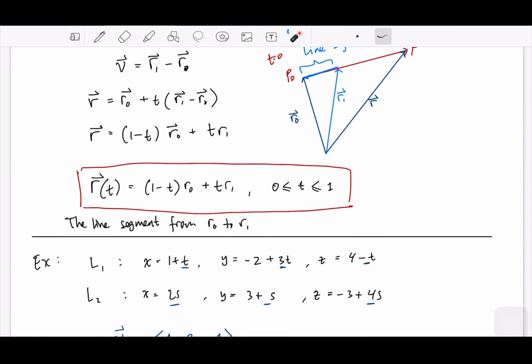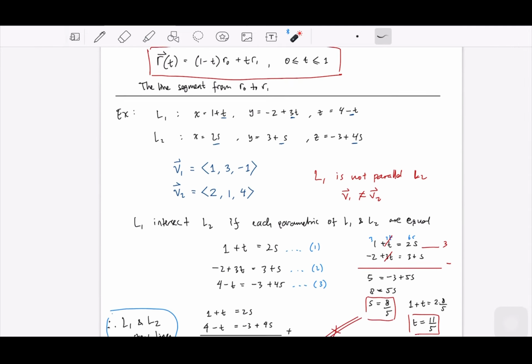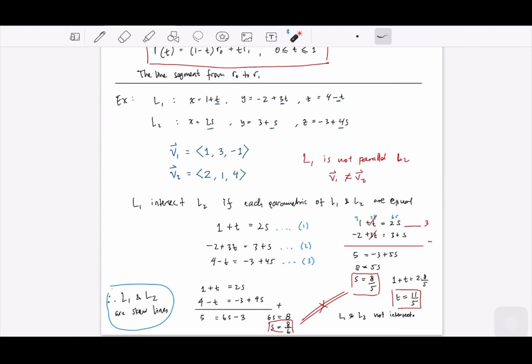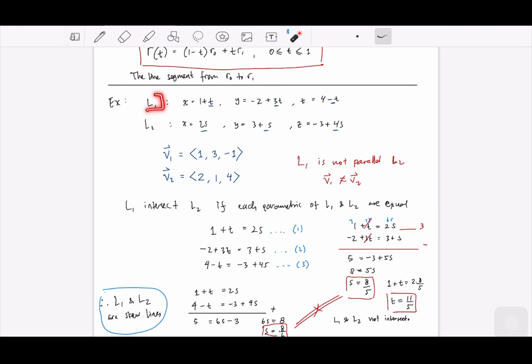And this is another example, for proving whether line 1 and line 2 are skew, meaning L1 and L2 are not parallel and also not intersecting. First, parallelism can be observed from the directions.